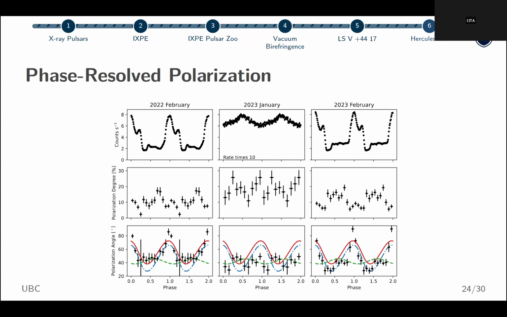But what's interesting, we looked at the 3 observations here, and we can fit them all with these rotating vector models. The first observation is best fit by this red curve. And then the next main on, a year later, the polarization has gone down a bit.